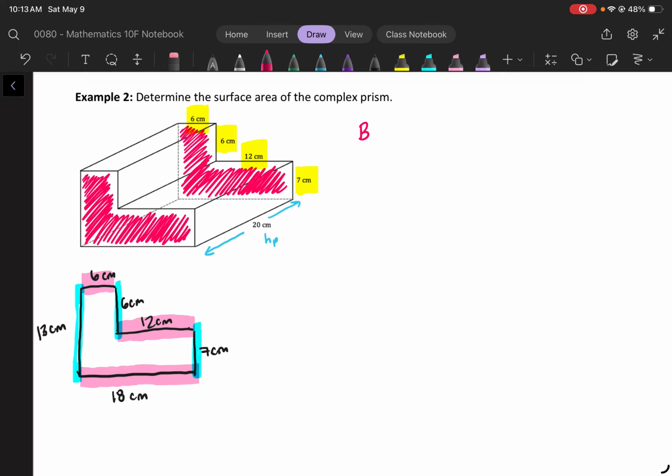Then we're going to take our numbers, plug them into our surface area formula, and call it a day. Now, when we start with the area of our base, we can see that this L shape is made up of two rectangles. It doesn't matter how you see them.